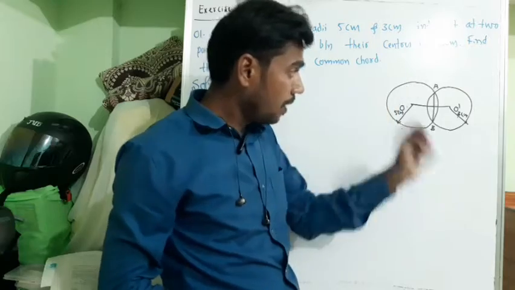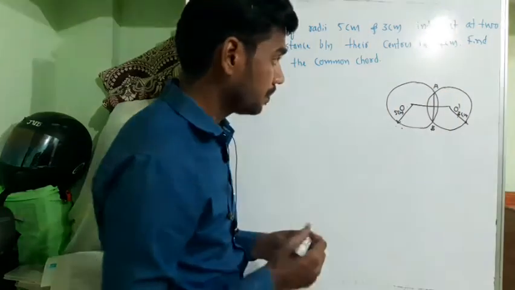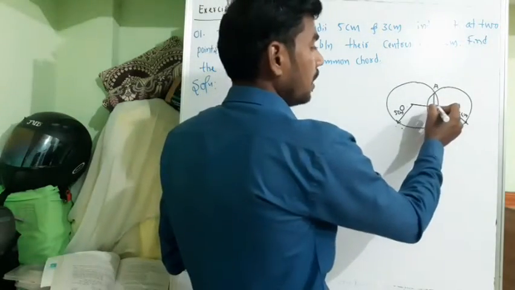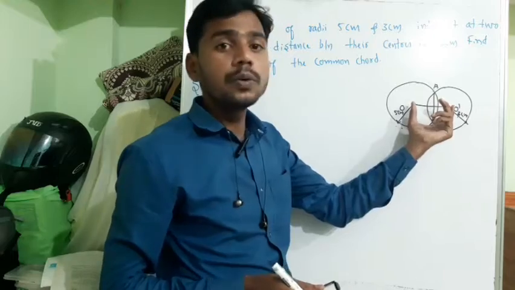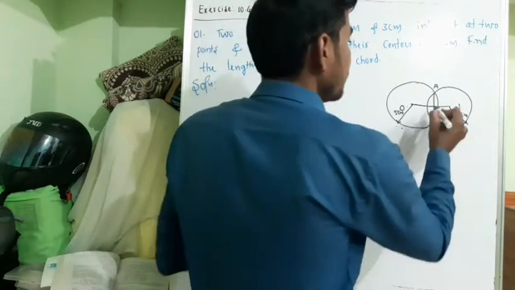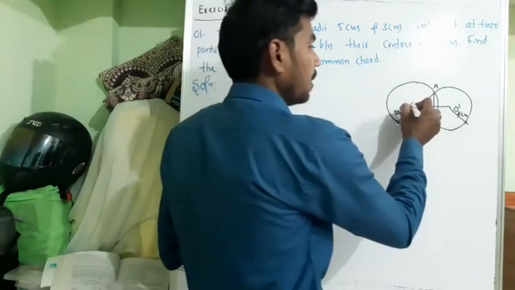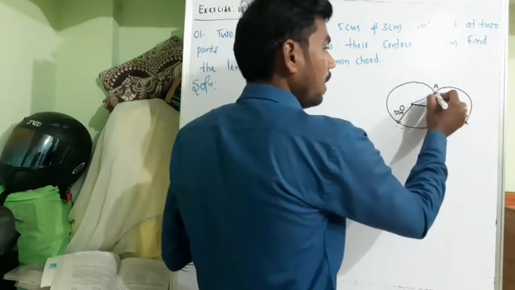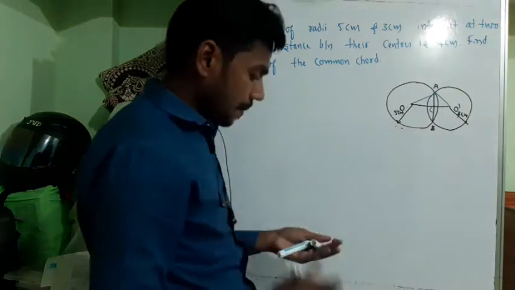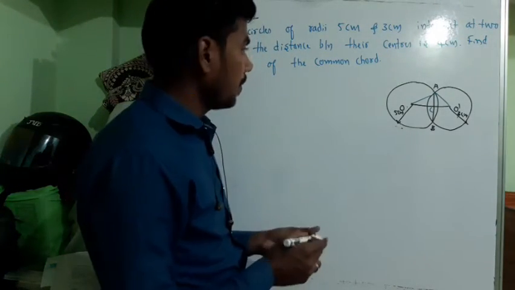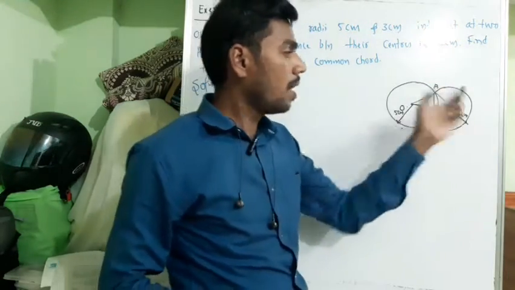Now we need to find the length of the common chord. This common chord intersects the line joining the two centers at point C. Now join AO and AO dash. We need to find the length of the chord AB.